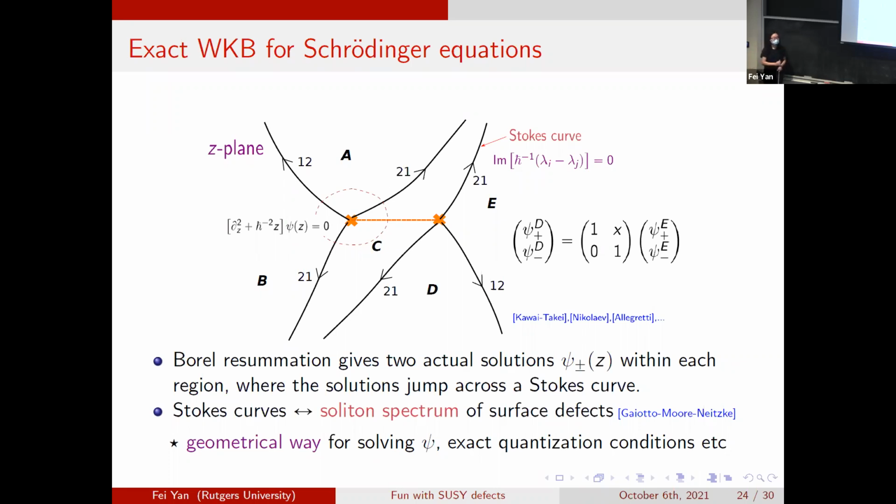In the Schrödinger equation viewpoint, this P of Z, does it have to be polynomial or can it be something more general? It could be something more general, but right now it cannot be that general. You could get ratios of polynomials or polynomials, but for example, if you want some exponential type potential, one thing you could do is a change of variable to see whether there's a nicer form that recovers this rational polynomial ratio.